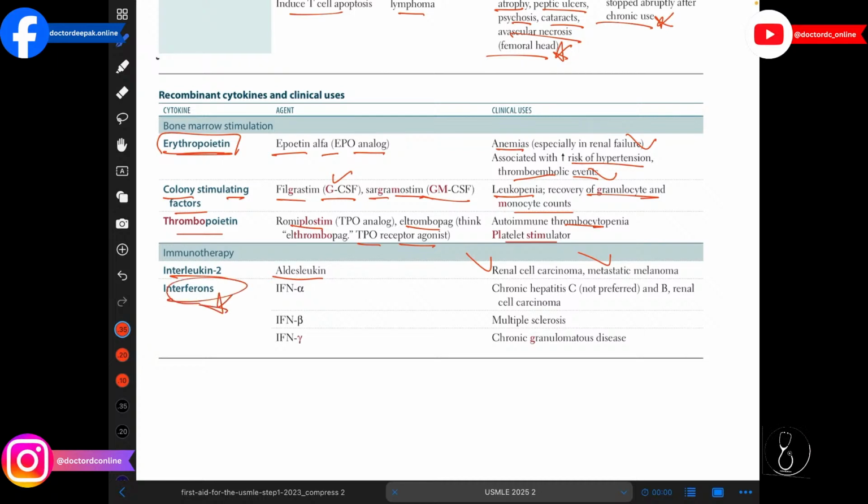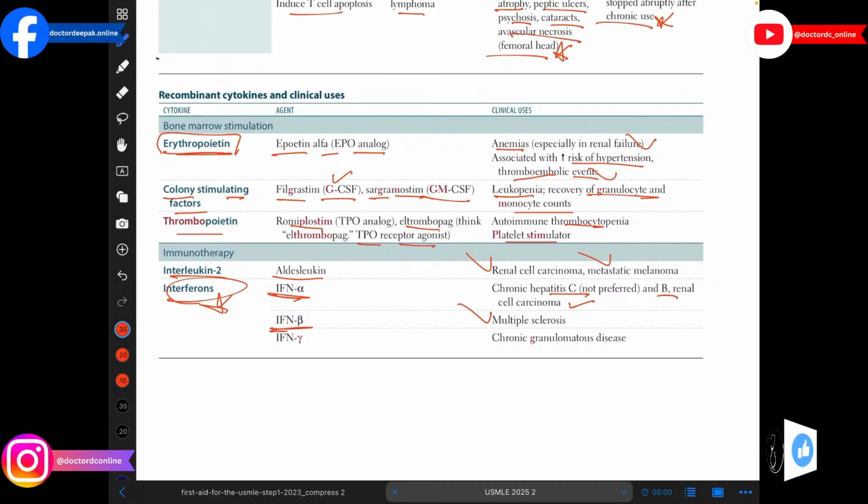This topic, interferons, we already did in a previous topic. Interferon alpha is mostly given to patients with chronic hepatitis C and B and renal carcinoma, but now we do not prefer interferon due to its side effects, though in previous years we were giving it.